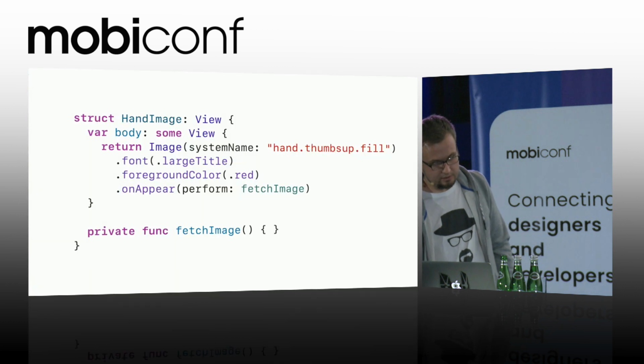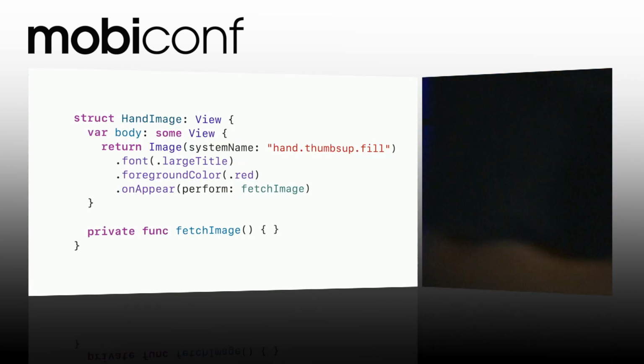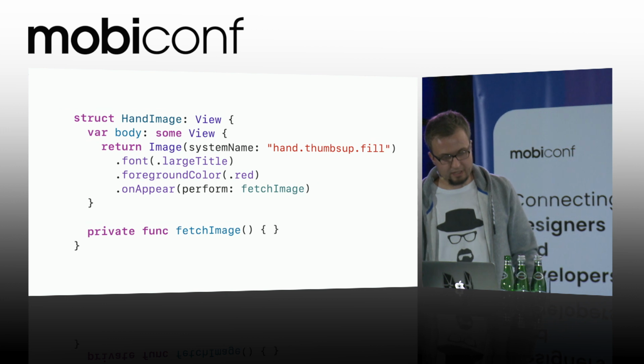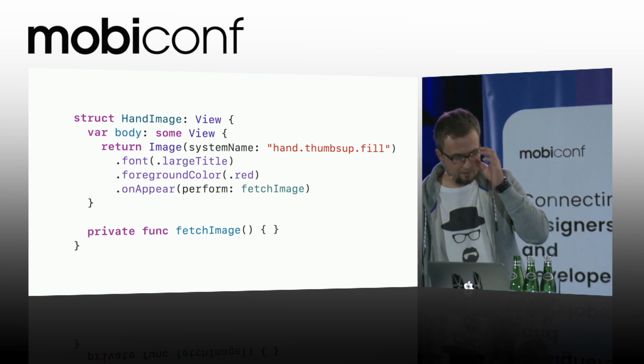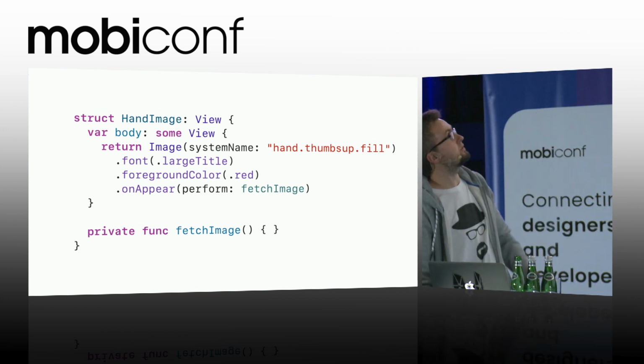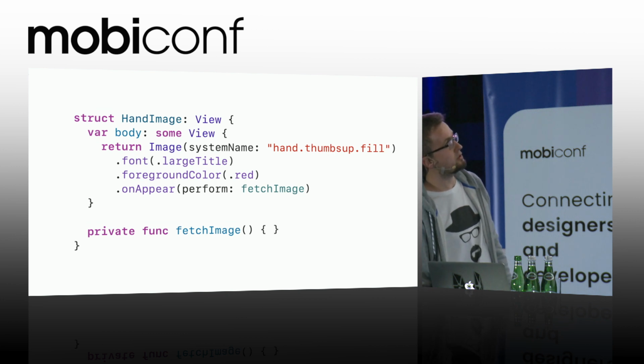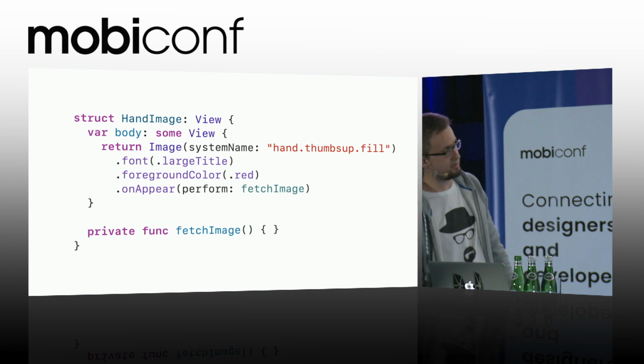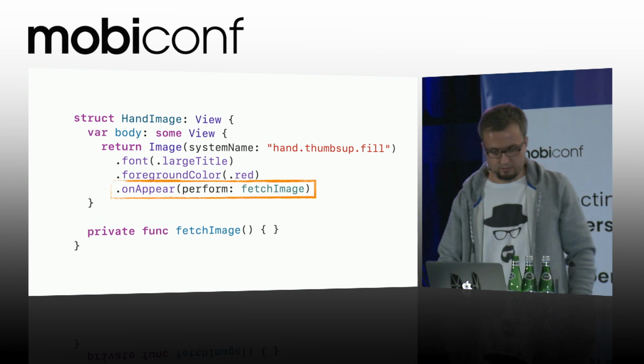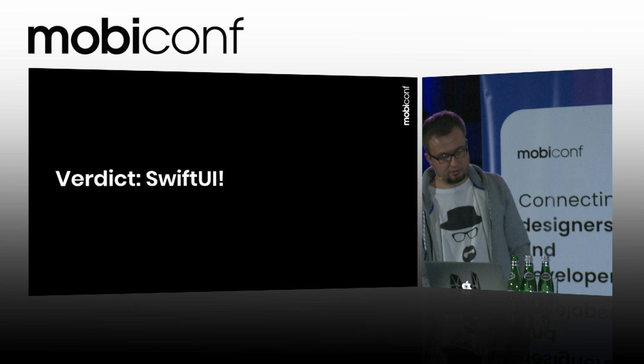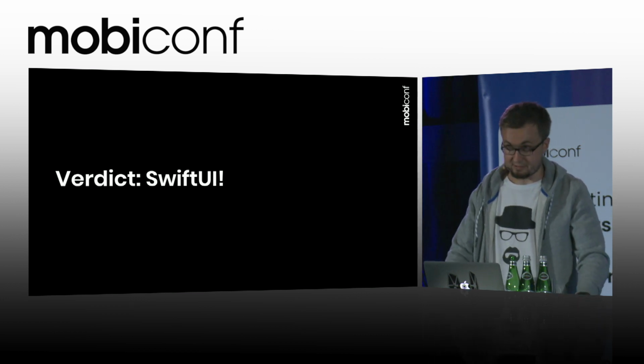So there's also another variant of reacting to appearance of the view. We could just pass the function into the onAppear, and this would also work. We don't have to implement a closure, but we could pass just a function. Here. In this round, I think that SwiftUI has won.